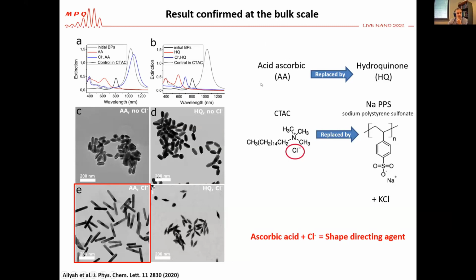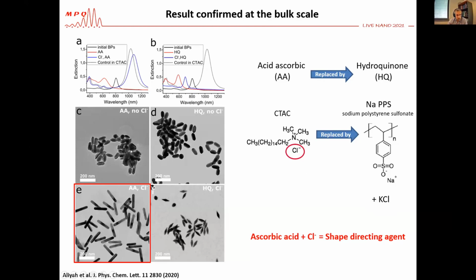And they did that by replacing the ascorbic acid by another mild reducing agent, which is hydroquinone. And they have also replaced the CTAC by sodium polystyrene sulfonate. And because they were worried about the role of this counterion in the CTAC, they also added in some syntheses some KCl to have the counterion, the chloride ions.